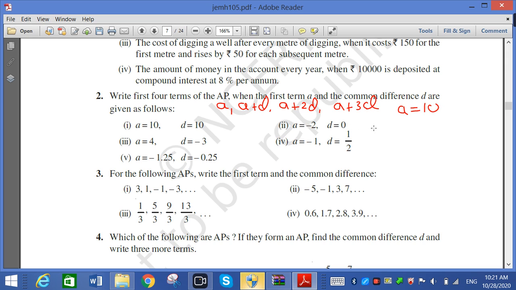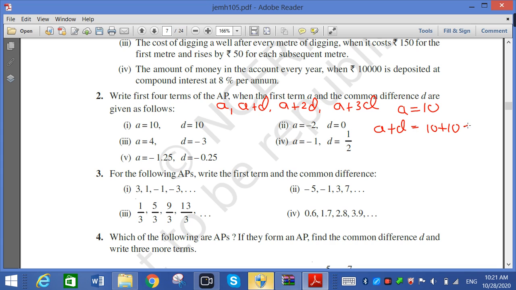Now second, A plus D. So A plus D is 10 plus 10, that is 20. Now A plus 2D, here we have to say 2D.